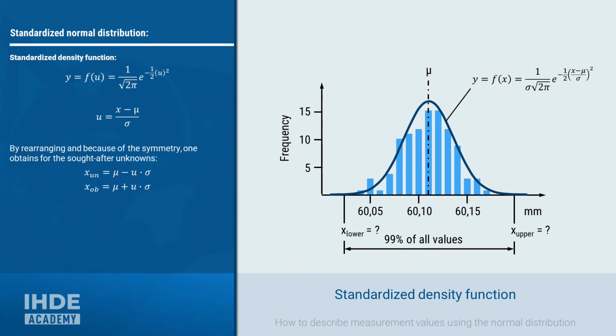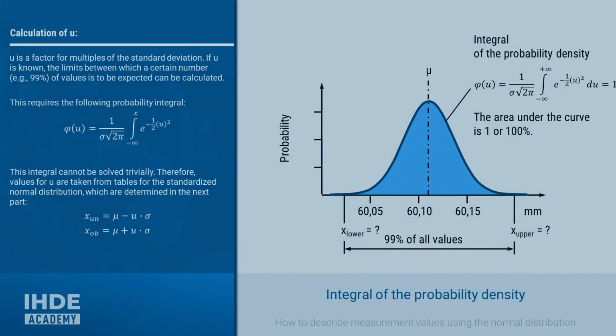The beauty of it now is that you can easily get values for u from existing tables for specific probabilities. The values for the mean and the standard deviation result from the measured values themselves. Now we have everything we need to start the calculations.